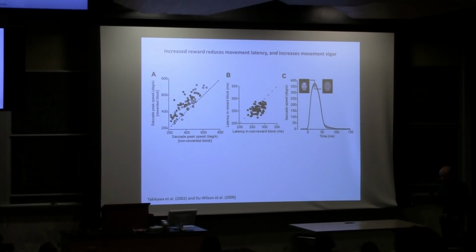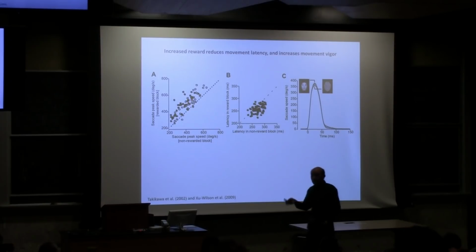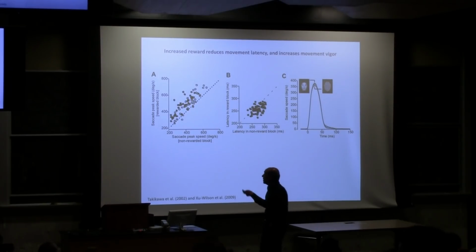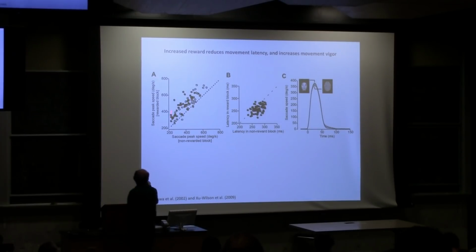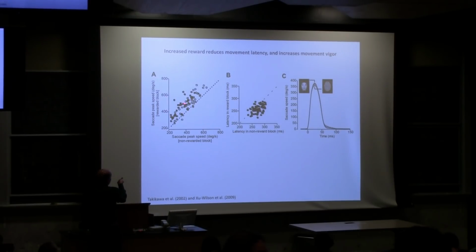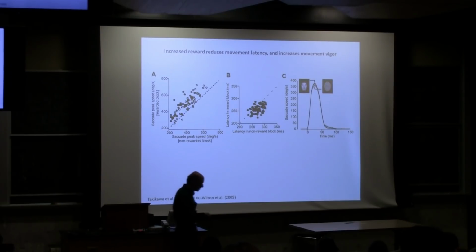Let me start again. They're measuring both the reaction time and the speed of the movement. What's plotted on the left side is the speed of the movement, and what you see is that the speed is higher for the saccades when they're rewarded as compared to when they're not rewarded. So that tells you that the movements are more vigorous when there's reward.